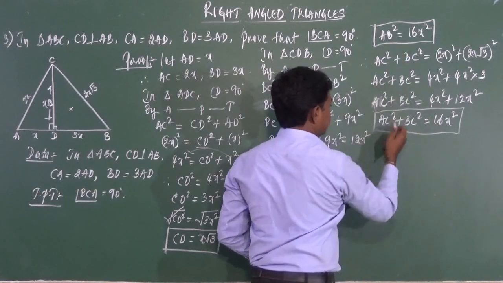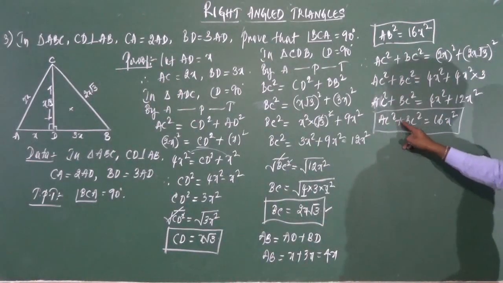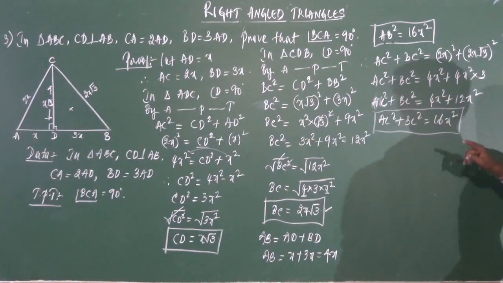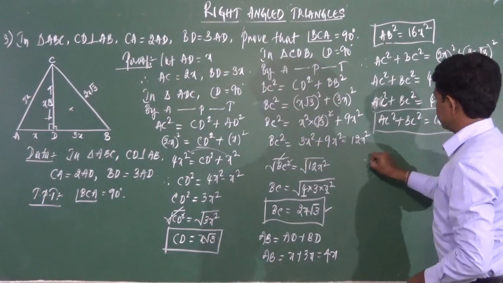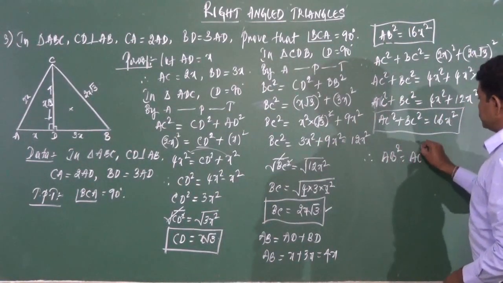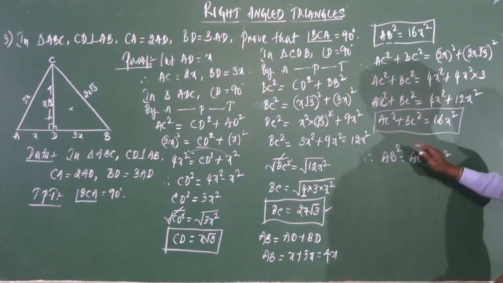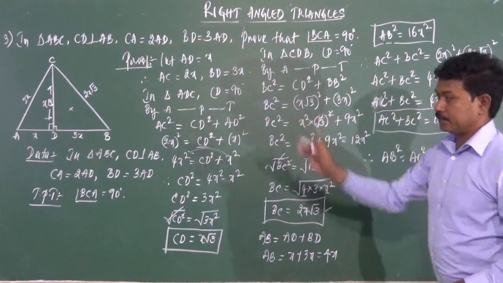When you compare these two, AB square is equal to 16x square, and AC square plus BC square is also equal to 16x square. Therefore AB square is equal to AC square plus BC square. Let's check this in the diagram.